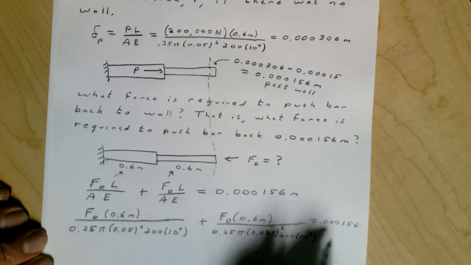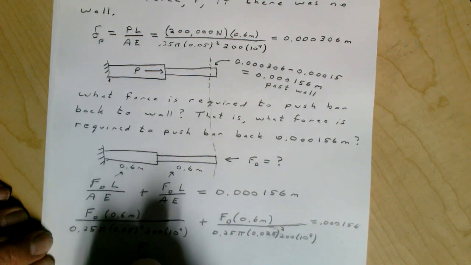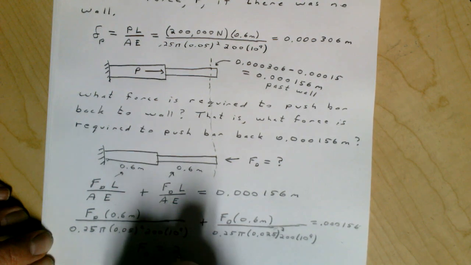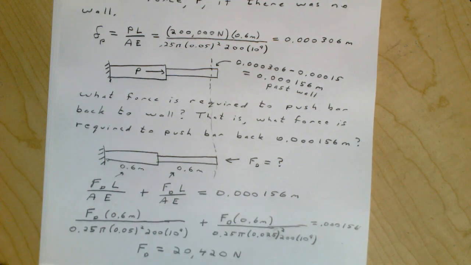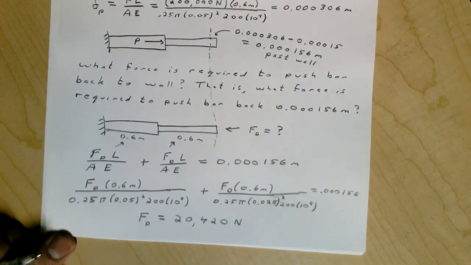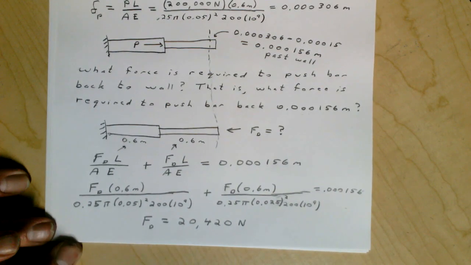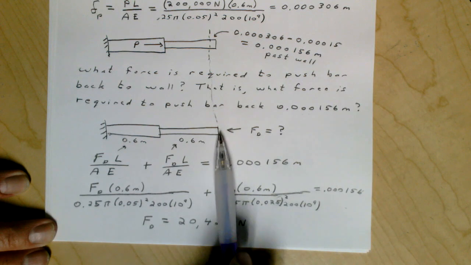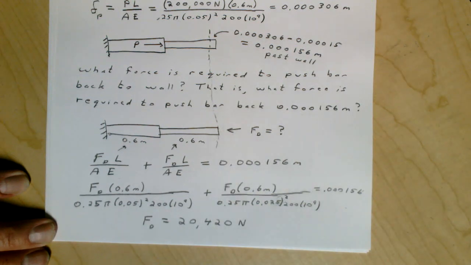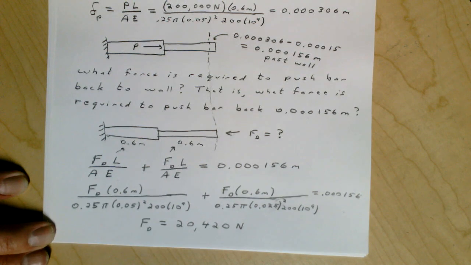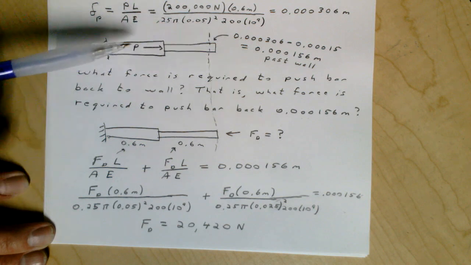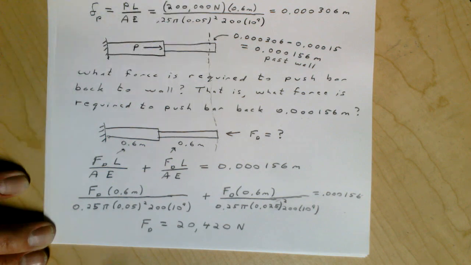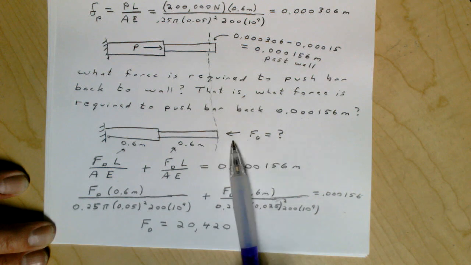And then we'll put all this together and solve for F_D. And we get 20,420 newtons. That's going to be the force on that wall. So once again, just to review how we did this, we saw how much it wanted to expand if there was no wall, and then found the force required to push it back to the wall.